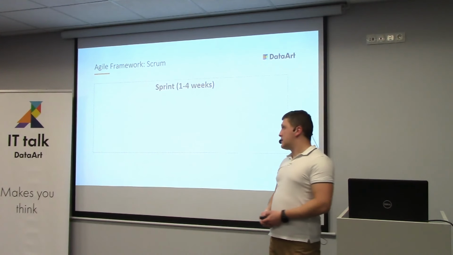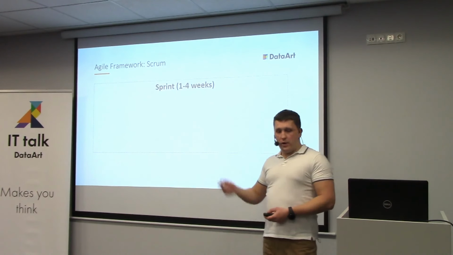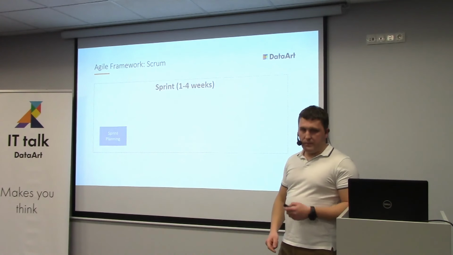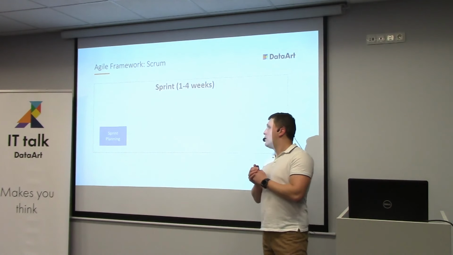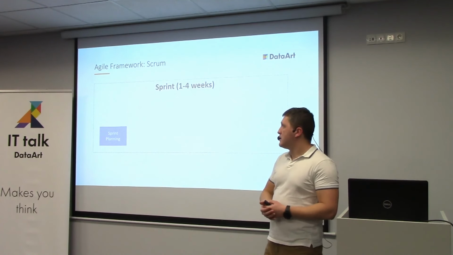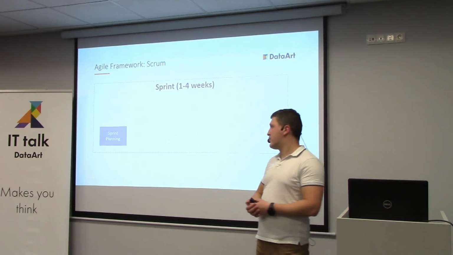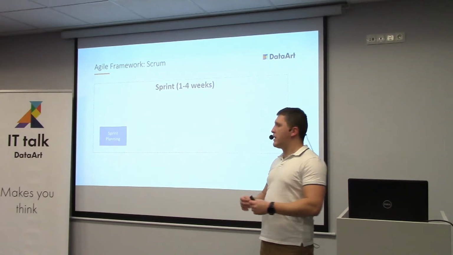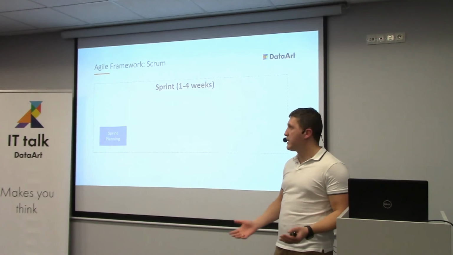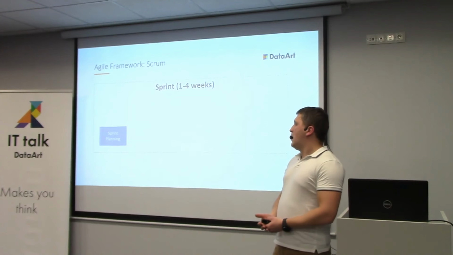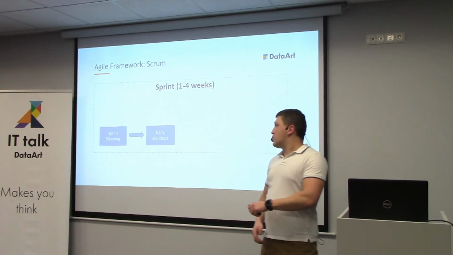Now, within that sprint, except moving all those items around, there are certain checkpoints. At the very beginning of a sprint is sprint planning, which is a meeting where we select items that we will do during the sprint, taking into account the length of the sprint, how many people we have, and team capacity. Then we start working.